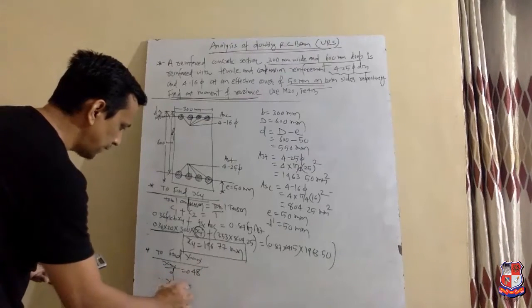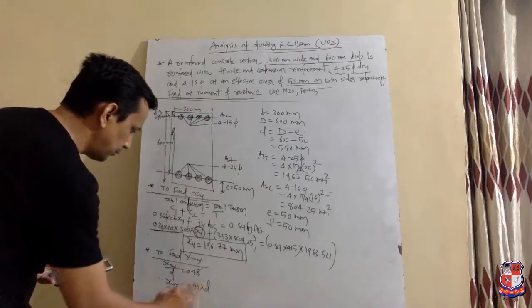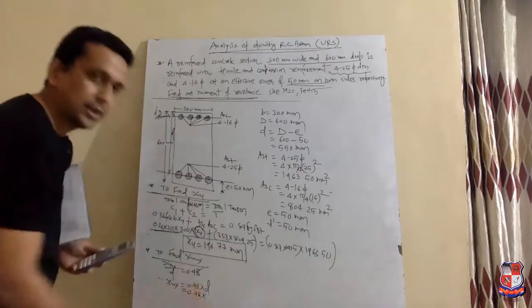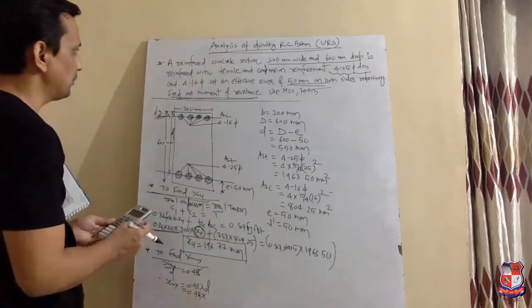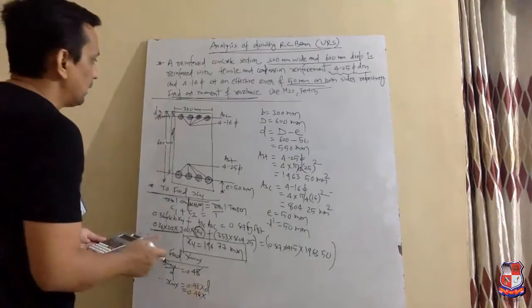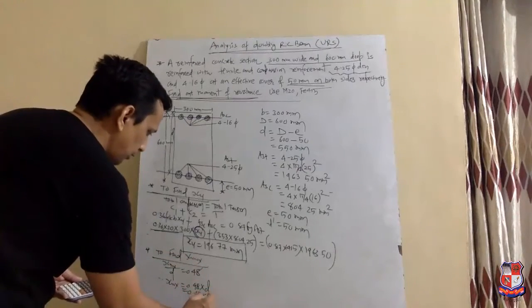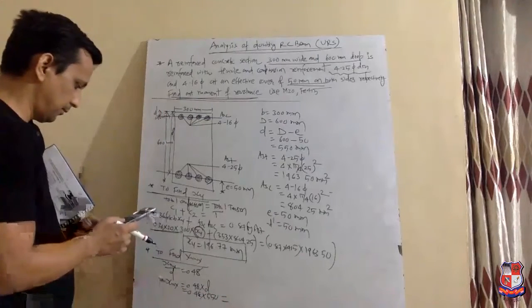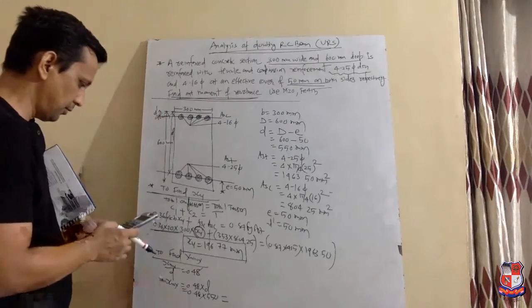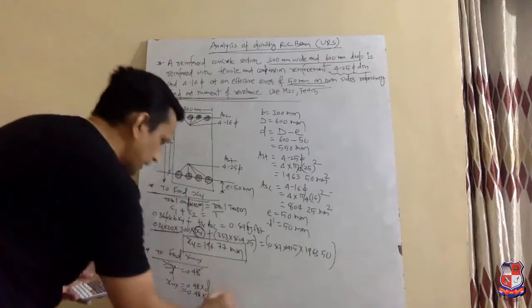Therefore, XU max equal to 0.48 into 550, 264 mm.